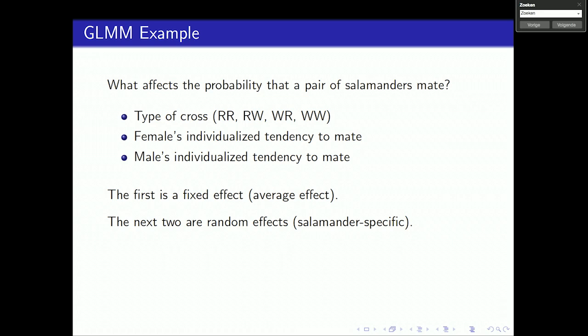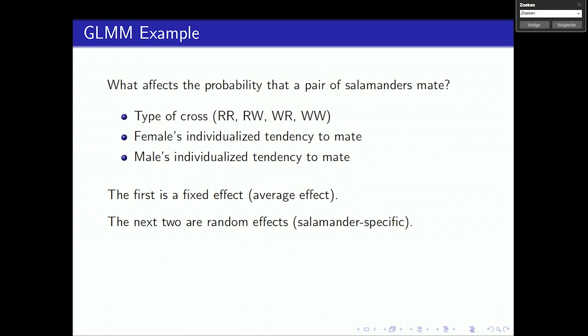So we have these 4 different crosses. We could have 2 rough butts, a rough butt female and a white side male, that's RW, a white side female and a rough butt male, or 2 white sides. So that affects the probability that the salamanders mate. And then also we have the individualized tendency of the female salamander and the individualized tendency of the male salamander.